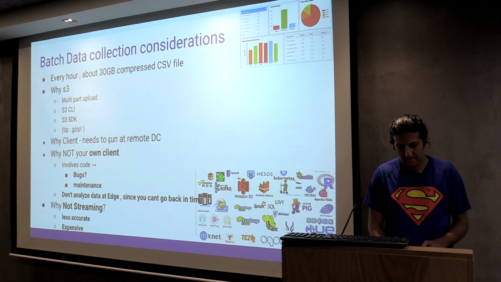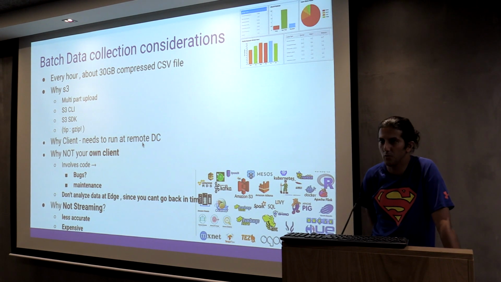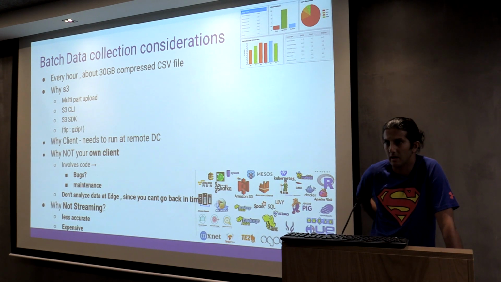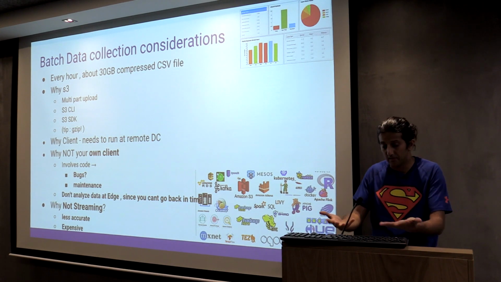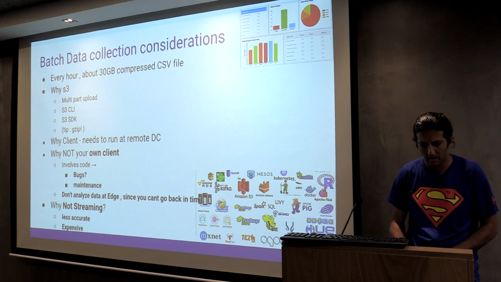Why a client? We chose a client because it has to work on a remote server which we don't have access to. It's not controlled by me, so it makes more sense to send the data source provider a client with a fairly simple set of instructions.